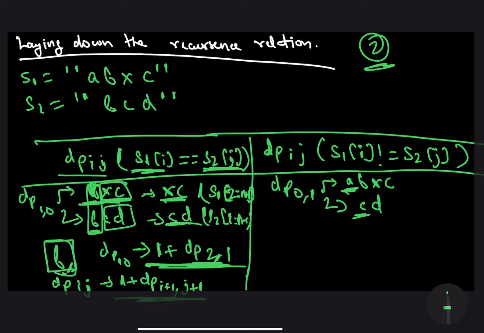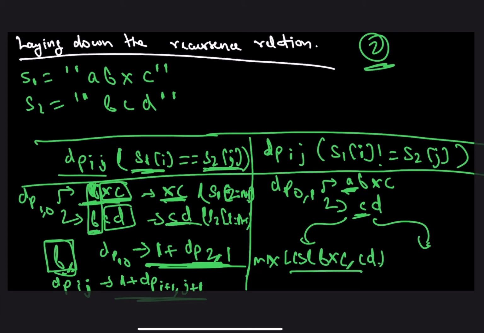So in this case my answer will be the maximum of two cases. The first case is the LCS of bxc and cd, and the second case is the LCS of abxc and d.